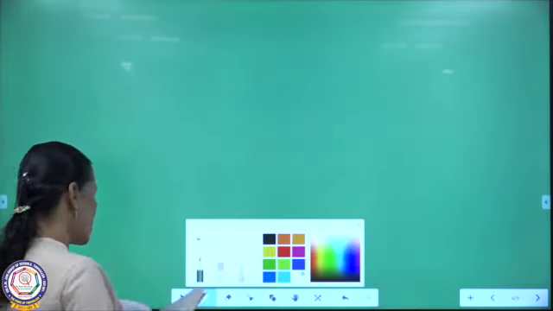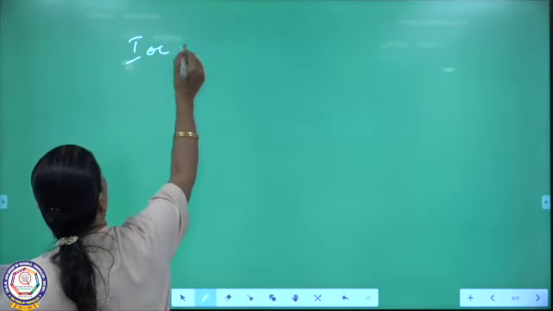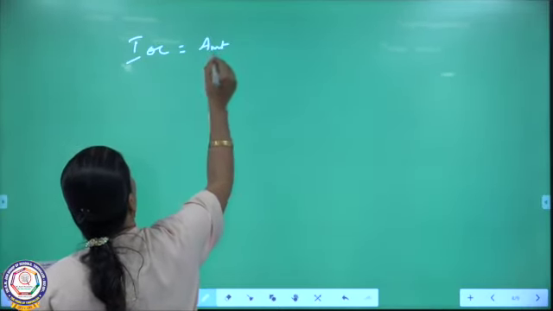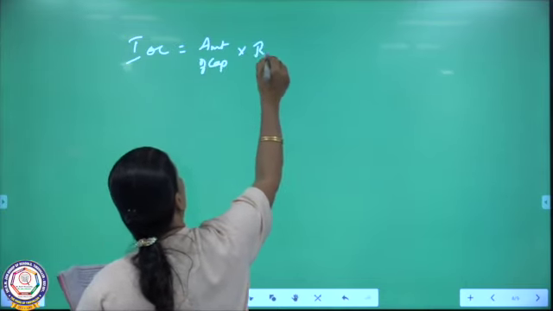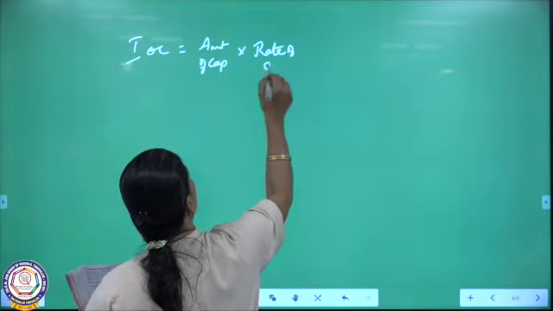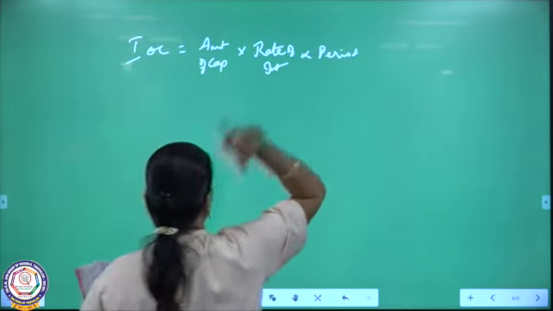First, how to calculate interest on capital? You know that formula, interest on capital equals amount of capital into rate of interest into period, isn't it?